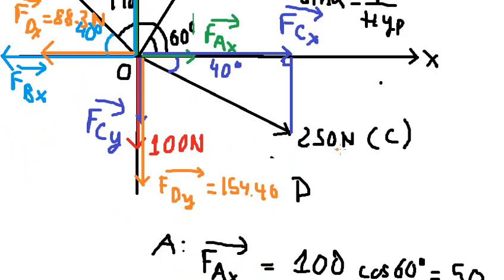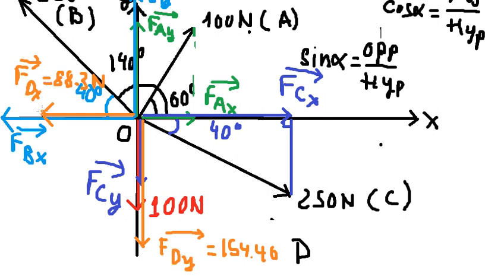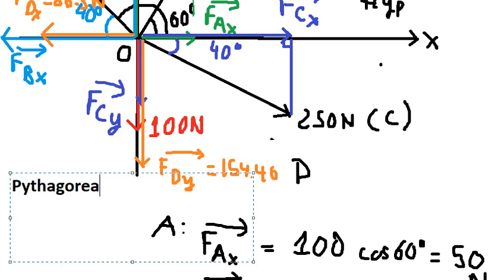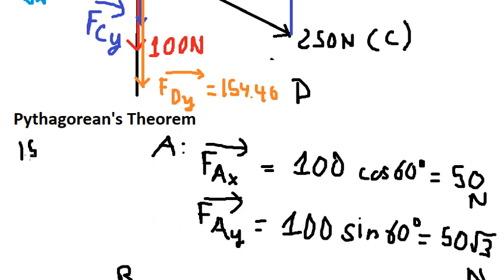Now we want to find the force of number 4. So after we got two colors in here, we can apply the formula that is about Pythagorean theorem. So to answer about this one, we need to put this value to the power of 2 plus this value to the power of 2.